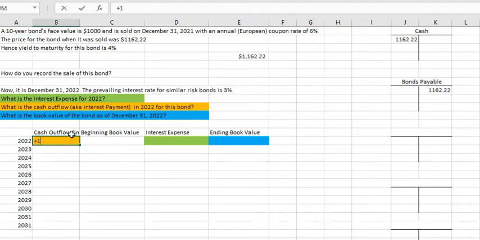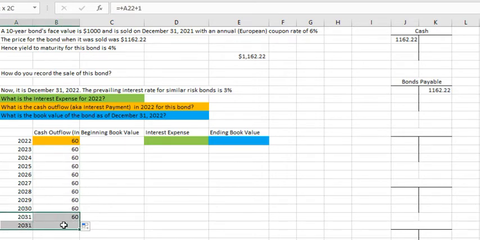We are going to take the $1,000 face value and multiply that by the coupon rate, and this is what the company is going to pay across all these 10 years. And at the end, in the last year, they are not only going to pay the $60, they are also going to pay the $1,000 face value, and then they will close their books.